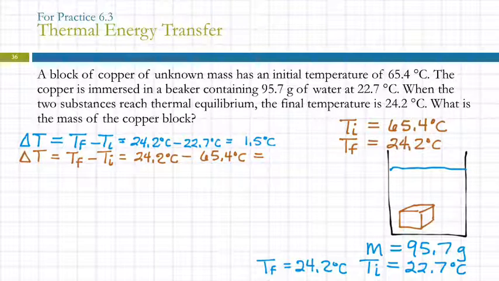So 24.2 minus 65.4 equals negative 41.2 degrees Celsius. That negative sign is important. What that tells me is the temperature of the copper went down. It lost heat, its Q will be negative. The temperature of the water went up, its Q is going to be positive.